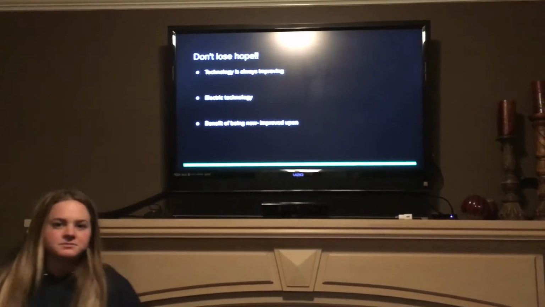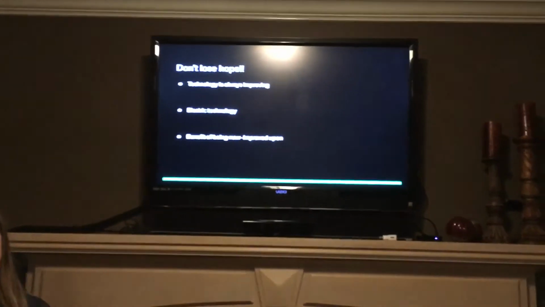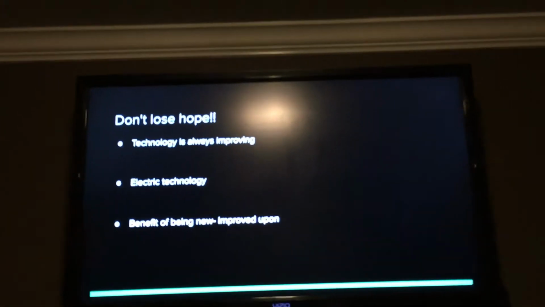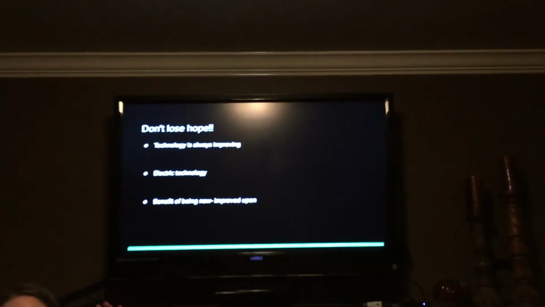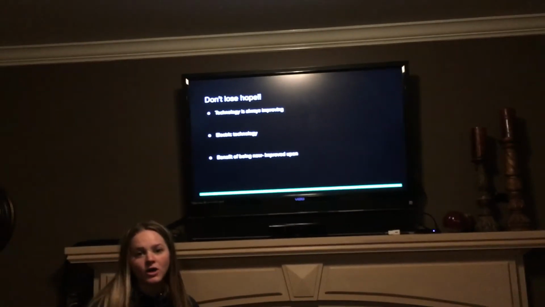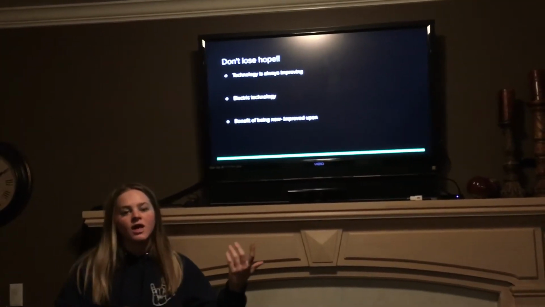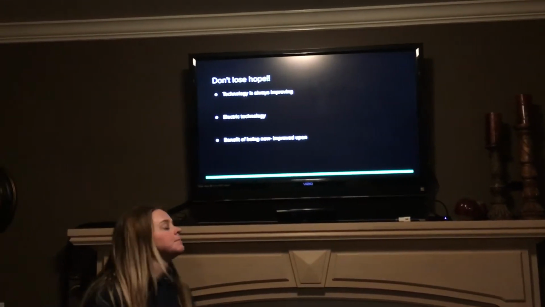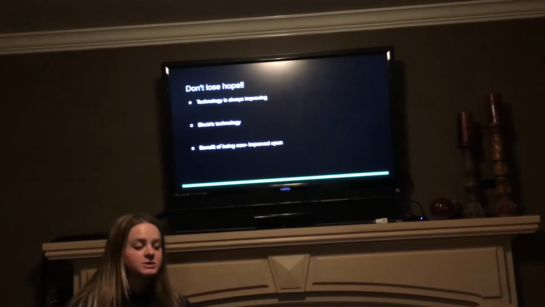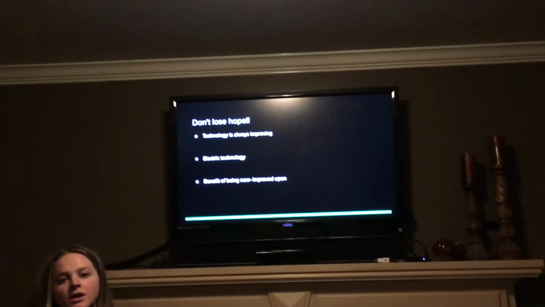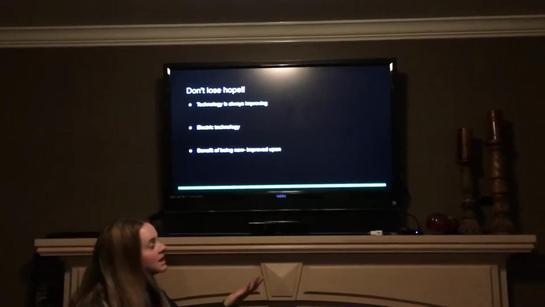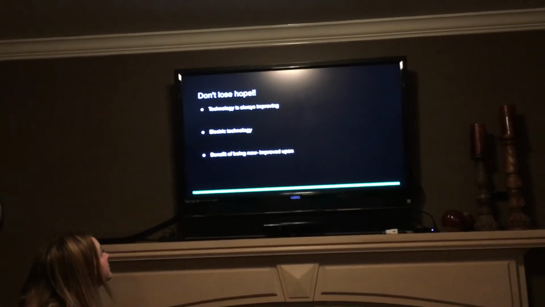But don't lose hope. Technology is always improving and always becoming better and better. I believe that within the next 10 years, electric technology could be at that level to support the flying car. And with that flying car, many things, such as public transportation as well as personalized transportation, would come from the use of electric technology and flying cars.